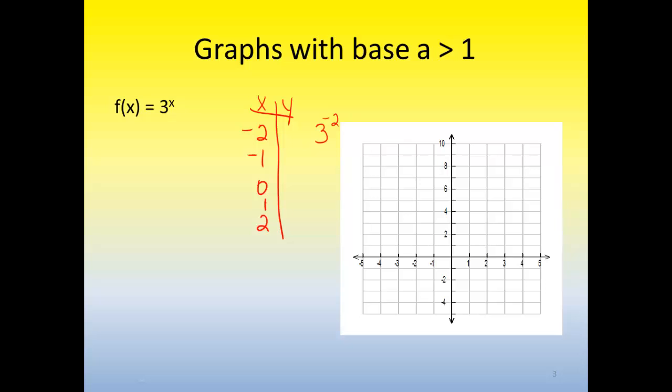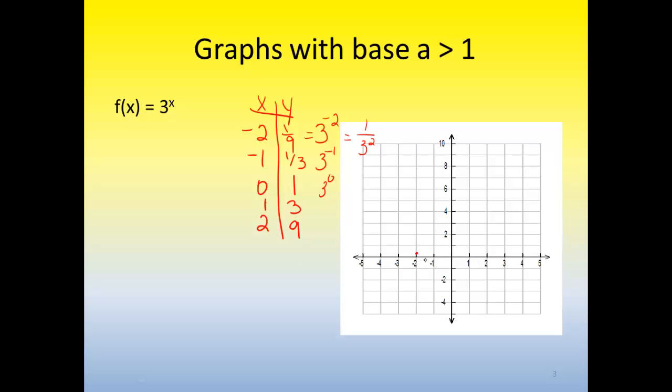Now negative exponents, remember, mean you do the reciprocal. So this is 1 over 3 squared, in other words, 1/9. 3 to the negative 1 power is the reciprocal, 1/3. 3 to the 0 is 1. 3 to the first is 3, and 3 to the second is 9.